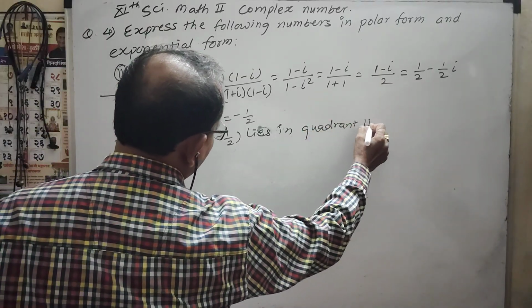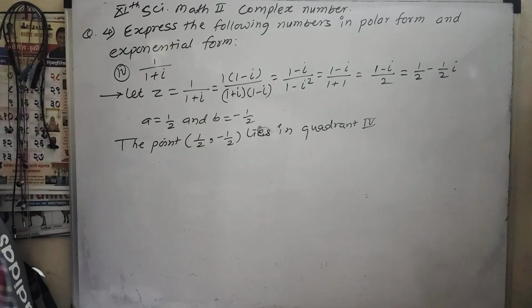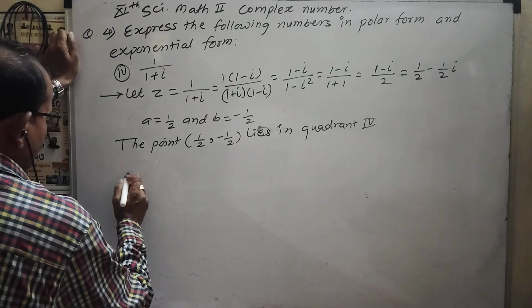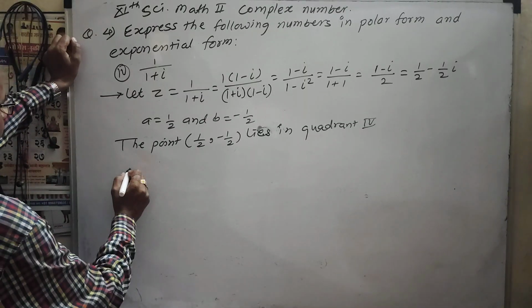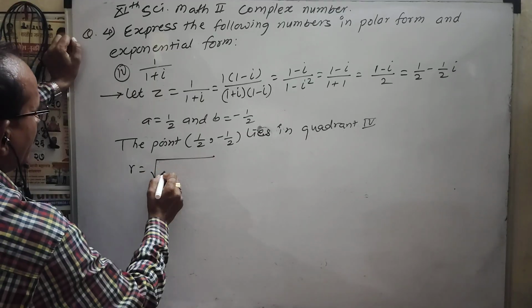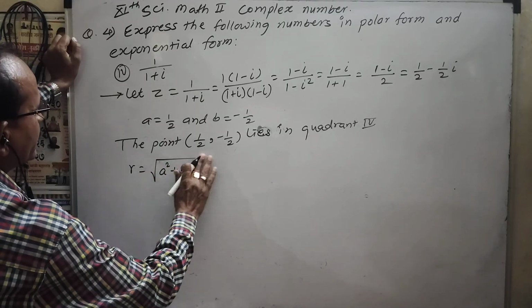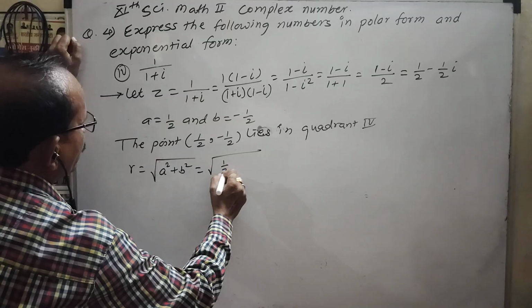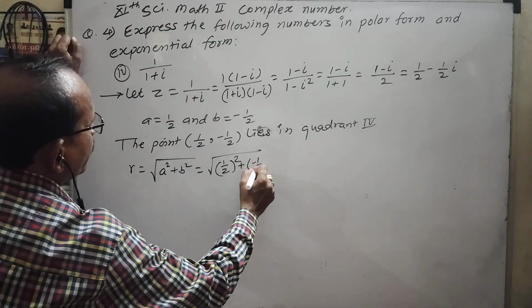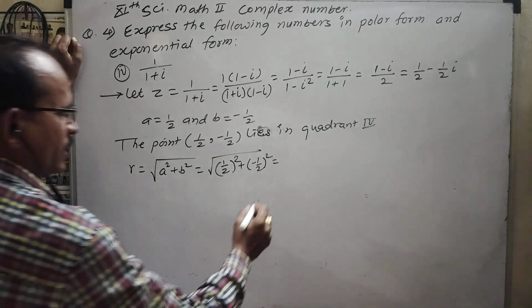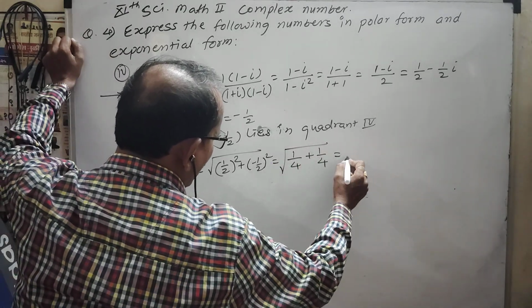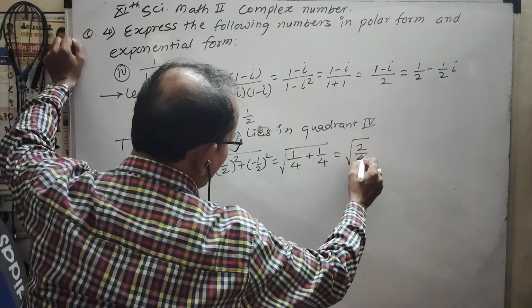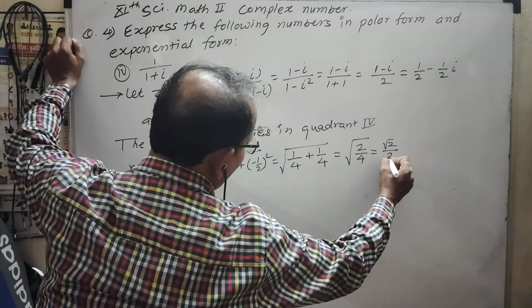Now r is equal to root of a square plus b square, which is root of 1 by 2 square plus minus 1 by 2 square, which is root of 1 by 4 plus 1 by 4, which is root of 2 by 4, square root 2 upon 2.